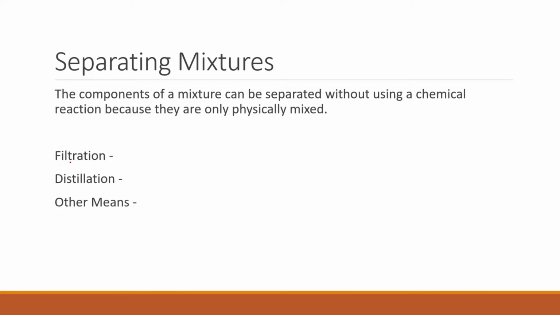The two important ones that we're going to talk about and define are filtration and distillation. But there are also a bunch of other ways. Right? Filtration, first, is separating a mixture based on size of the particles. Right? This is using filter paper.